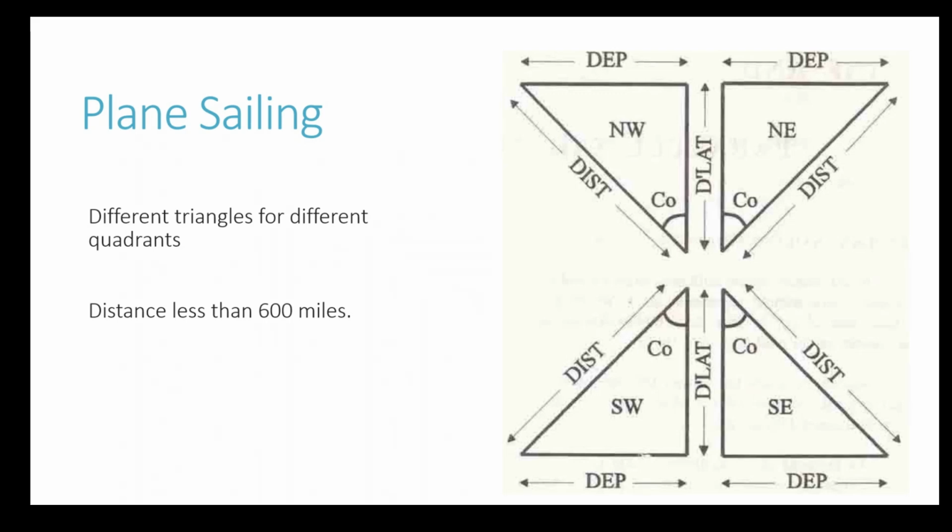However, when you are going on transocean passages and the distances exceed this amount, then the plain sailing should not be used. Either we should use the great circle sailing, or if you want to still do rhumb line sailing with distances greater than 600 miles, we should be using what we call Mercator sailing. So that is the next form of sailing which we are going to see.